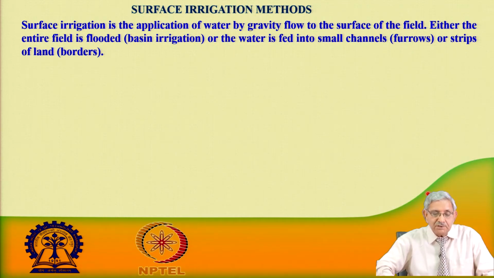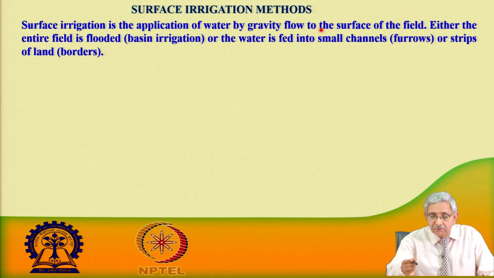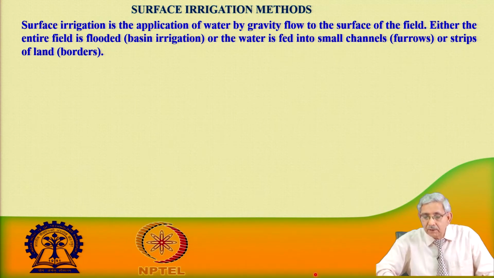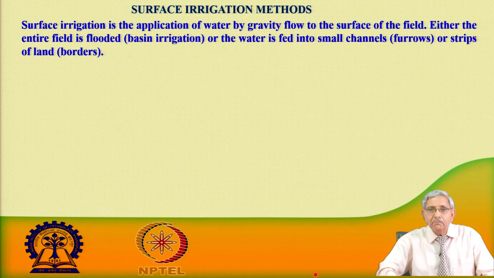Surface irrigation is the application of water by gravity flow, meaning enough velocity is maintained through gravity flow. Water moves over the land surface by using inertial force.